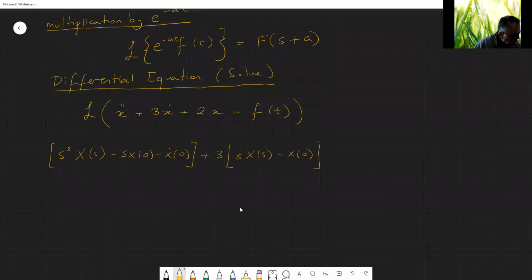These are the initial conditions, plus 2X of s equals F of s. Okay.